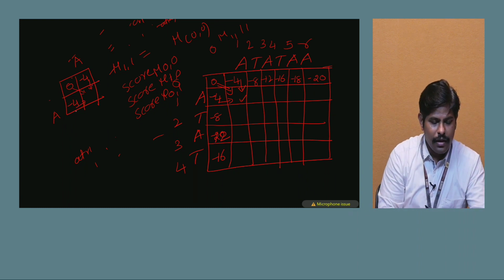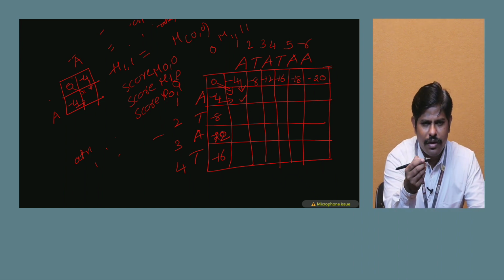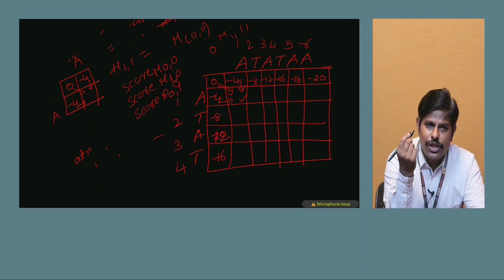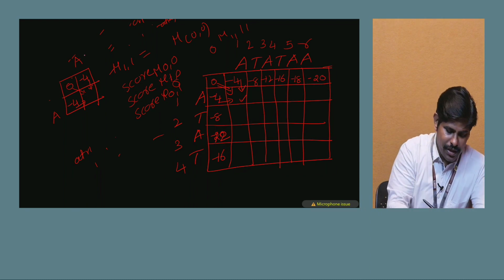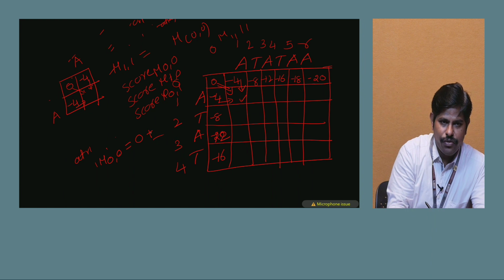If I am getting score from M00, then I have to look for the presence of match or mismatch. Here A and A match. So from M00, 0 plus the match score we have taken earlier, plus 2.